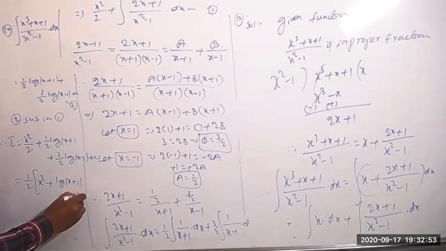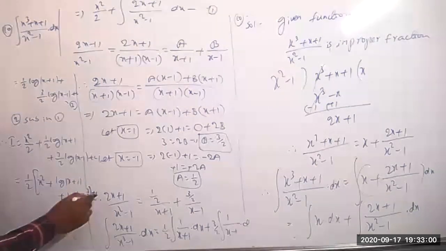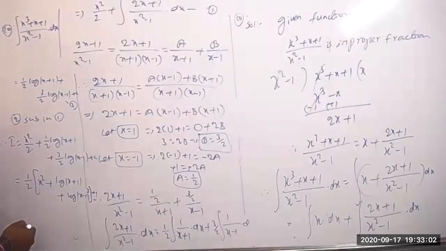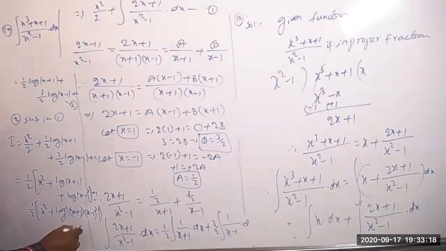This is the modulus of x minus 1 whole cube, plus c. Log a plus log b equals log a into b, also you can write. 1 by 2 into x square plus log x plus 1 into x minus 1 whole cube plus c is the answer.